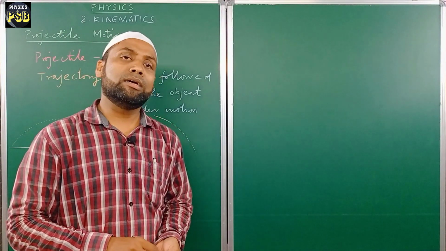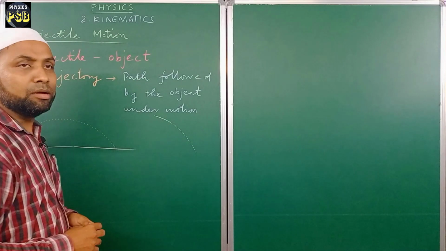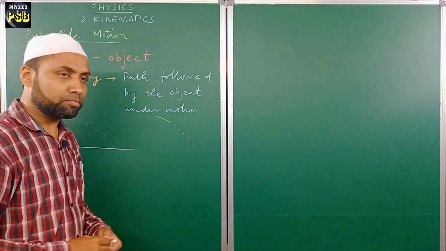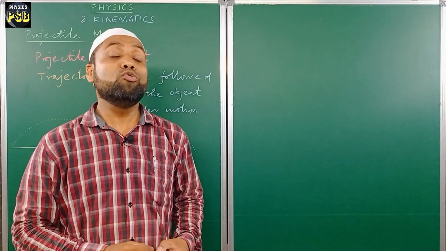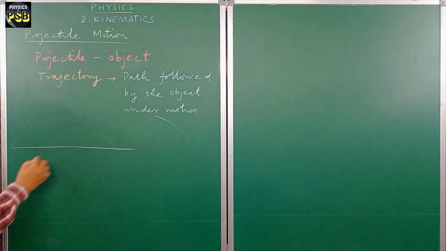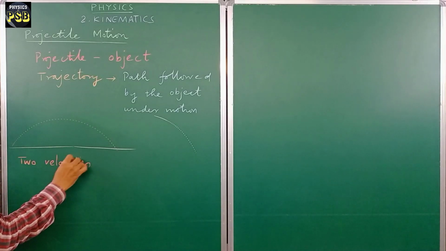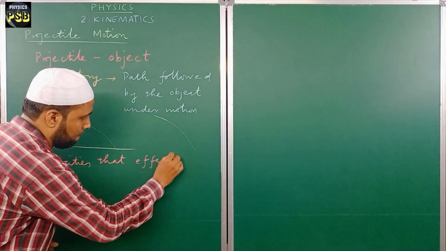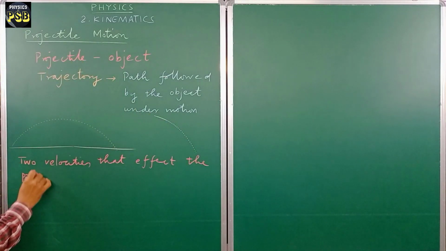Now, an object under projectile motion is influenced by two velocities. What are they? The two velocities that affect the projectile motion are as follows.